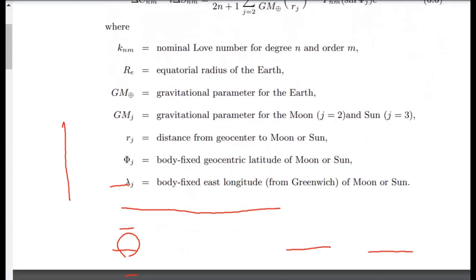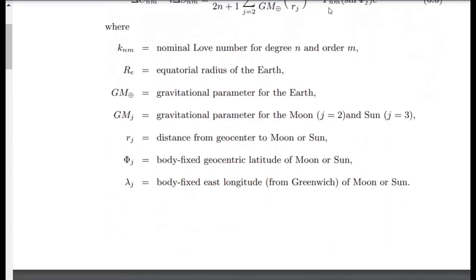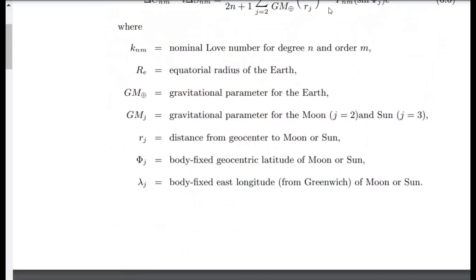Okay. So the position of the moon and sun, the geocentric latitude of the position of moon and sun, and this is the longitude. So it means that we need the coordinates of the sun and moon as well.